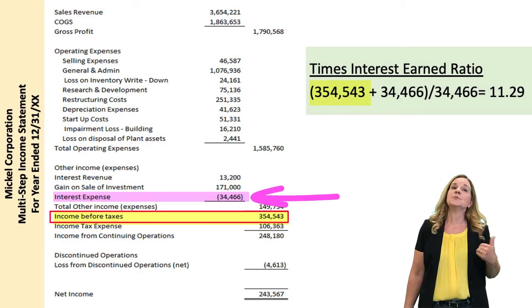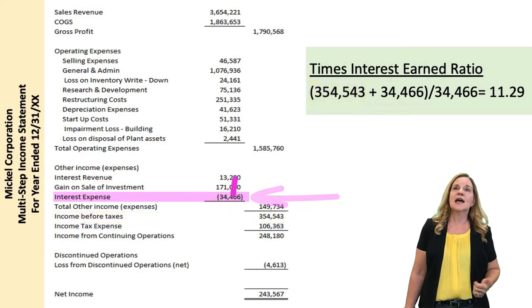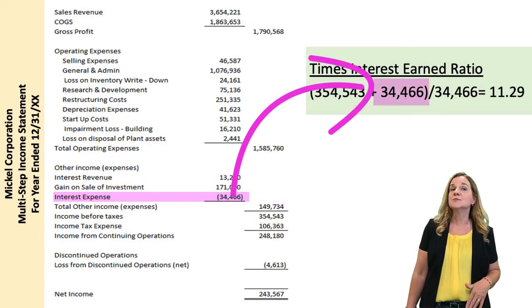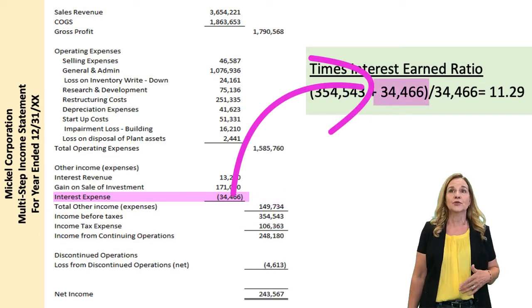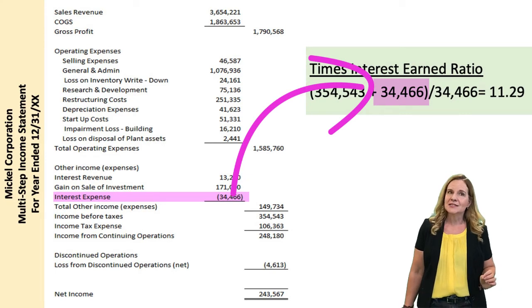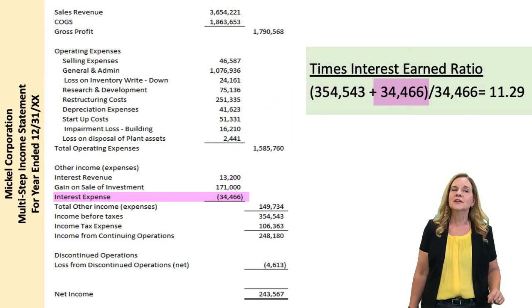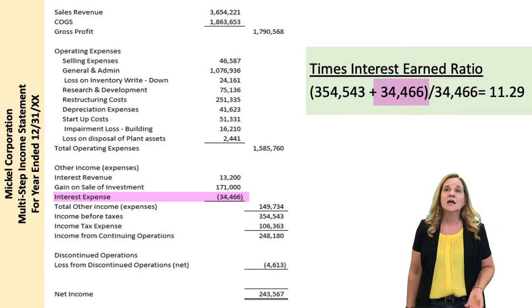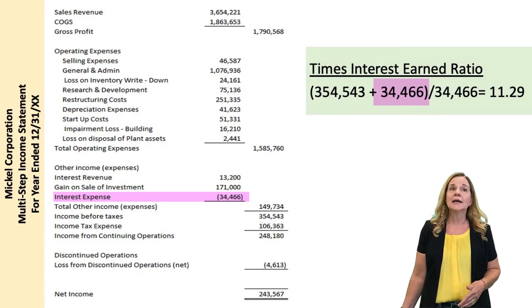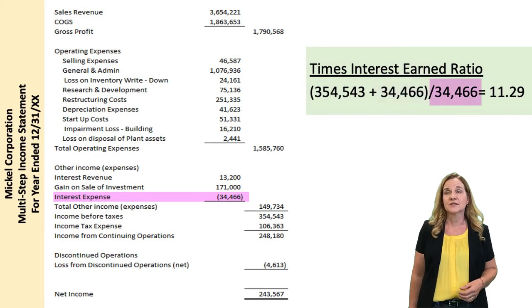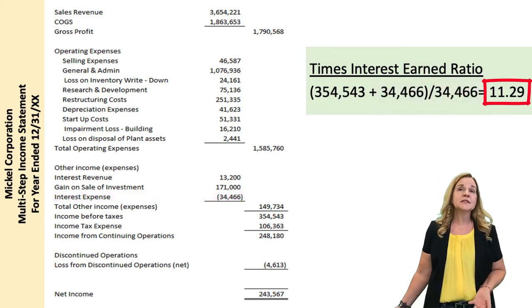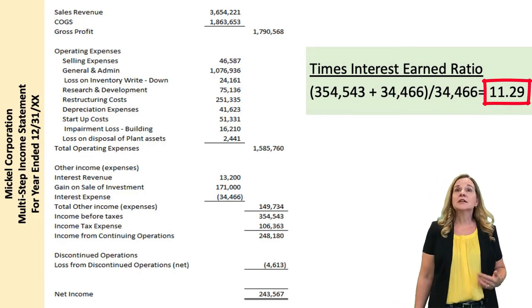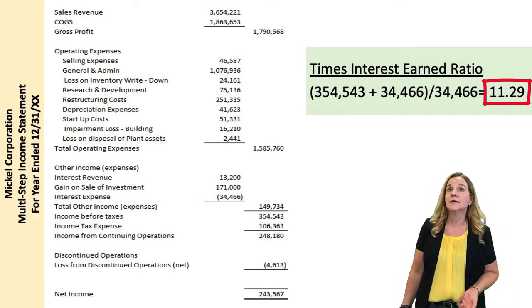So to get income before the interest, I have to add that interest expense back, the $34,466. Keep in mind that sometimes you have to do the same thing for income tax if you are not given a line for income before taxes. And then we have divided it by the interest expense of $34,466 to get 11.29. And remember, this indicates how easily the company can pay back the interest on the debt.